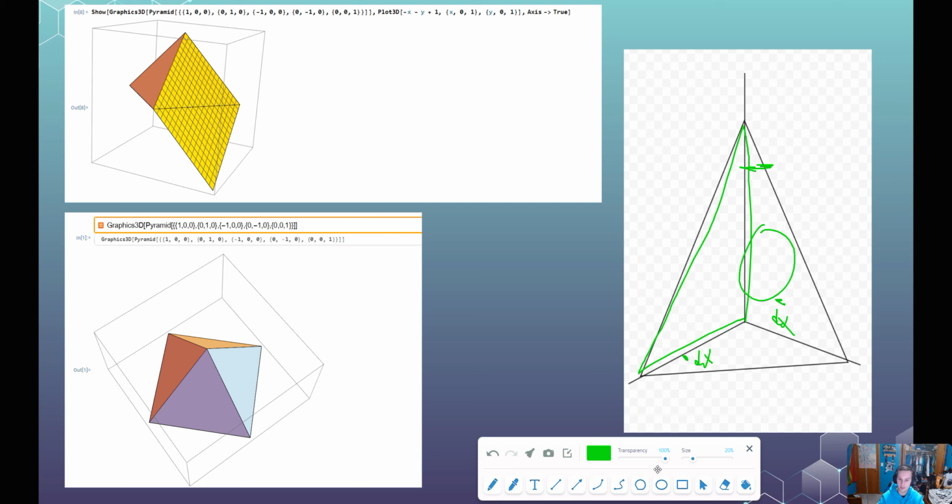It should be this triangle, because x goes from 0 to 1 over here, and so this way would be dx. And so you can just add up all of these triangle slices, all the way this way. You'd end up with a really small triangle right here, but a really big triangle over there.